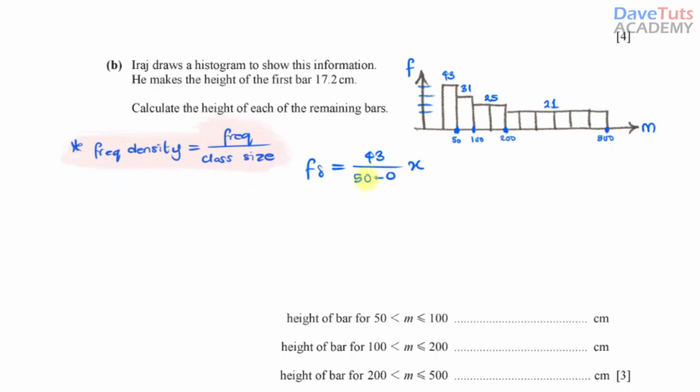Okay, so we can say this is the frequency density, and we have been given it as 17.2. So from here we can solve for x. Therefore our x is going to be 17.2 times 50, and we are dividing by 43. So this is the multiplying factor that we are using in this case to get the height of each of the bars.